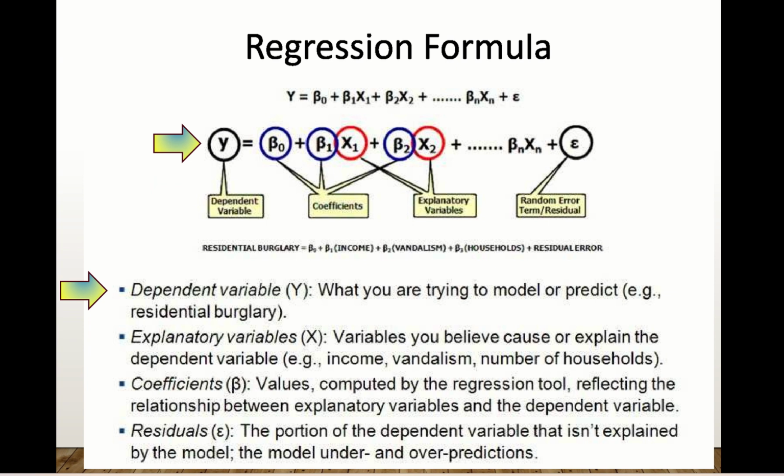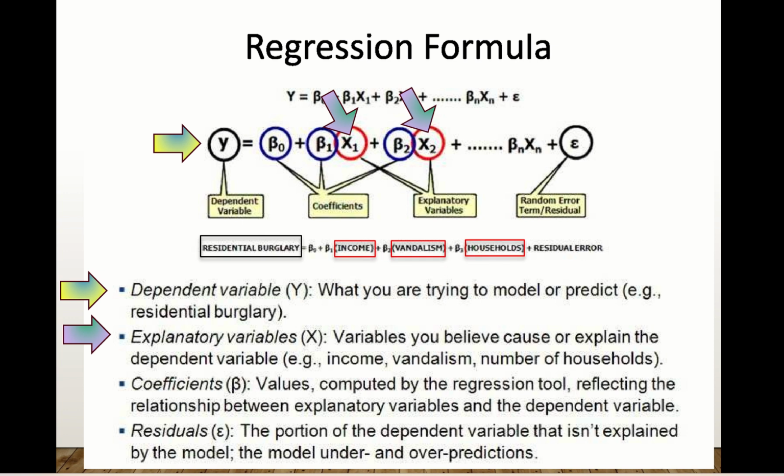Right? So a very simple regression model given by the straight line formula. So in the regression analysis, right, we're trying to predict the dependent variable y. That's what we're trying to model or predict. In this case, maybe we're looking at residential burglary rates. And we're trying to predict residential burglary rates based on a number of explanatory variables, independent or input variables, right?